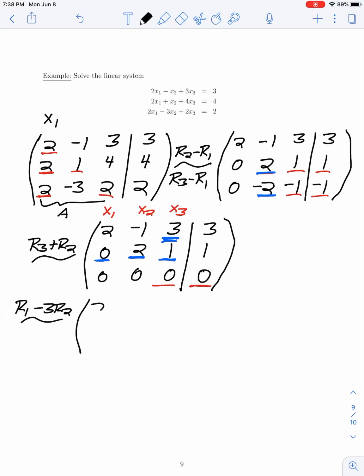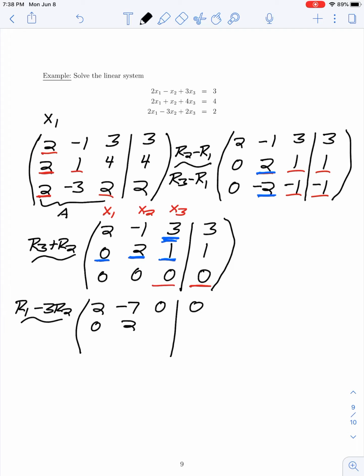So that gives us a first row of 2 minus 0, which is 2. I have a -1 minus 6, or -7. And then my 3 minus 3 gives me the 0 that I wanted there. Now, performing that same operation on the right-hand side, I would have 3 minus 3 is 0 there.